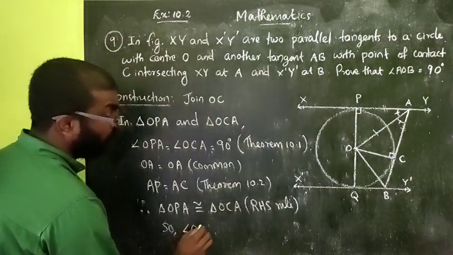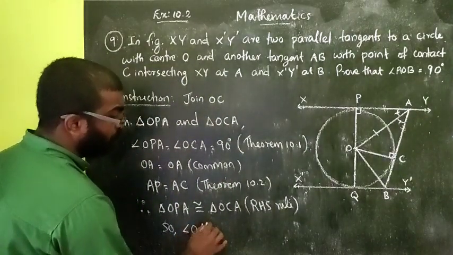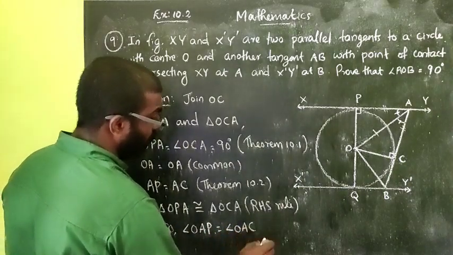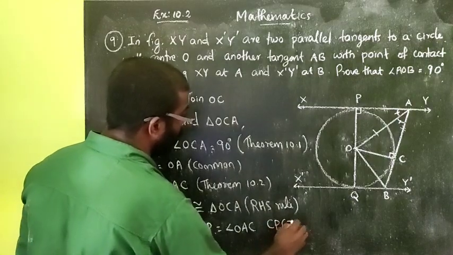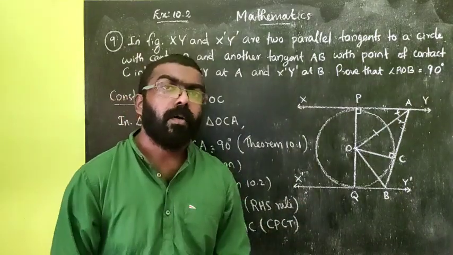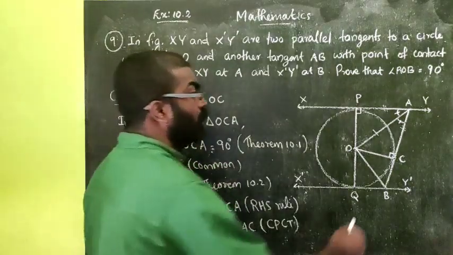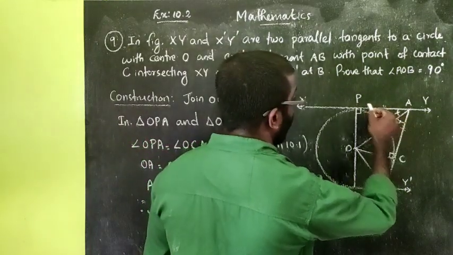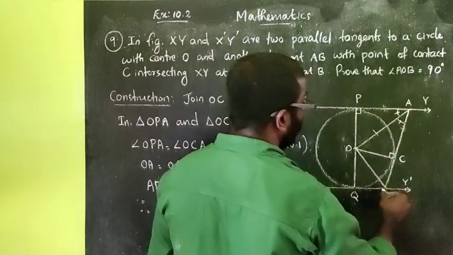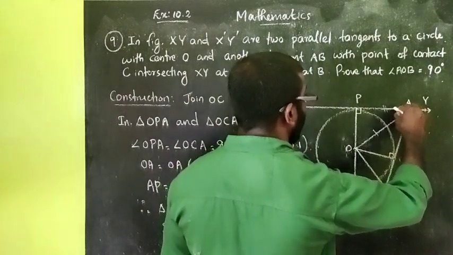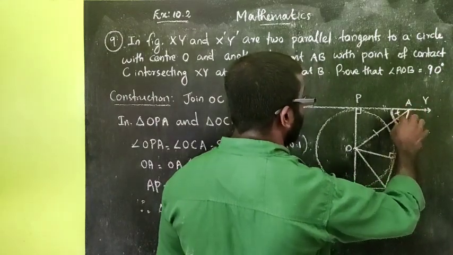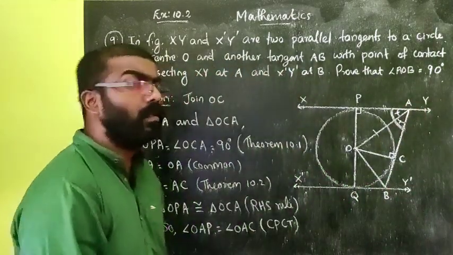Angle OAP equal to angle OAC, CPCT: corresponding parts of congruent triangles. Right. Now one more thing we can write is these two are equal, and what about angle PAB, the whole angle PAB? It is the double of any one of these two angles. Right.